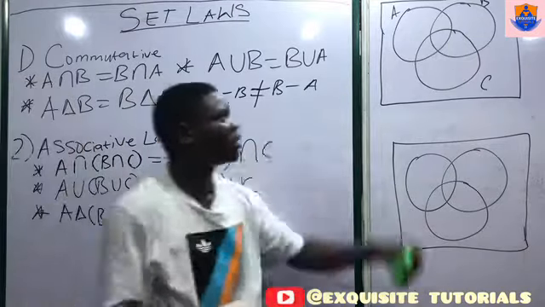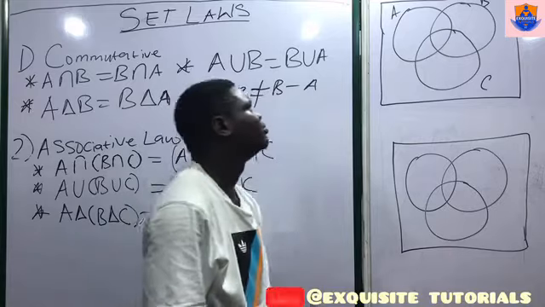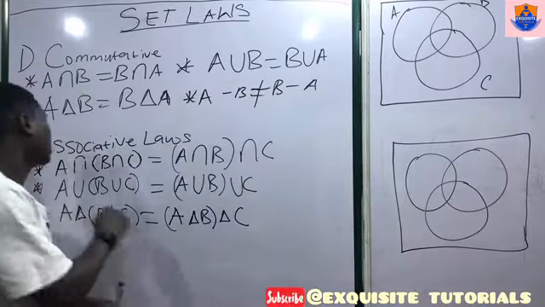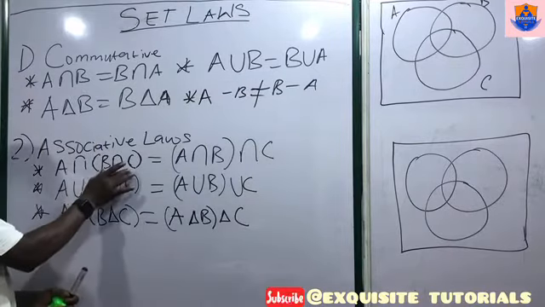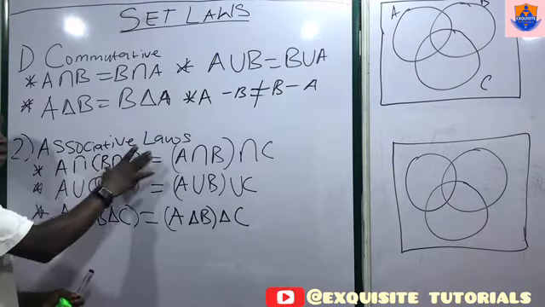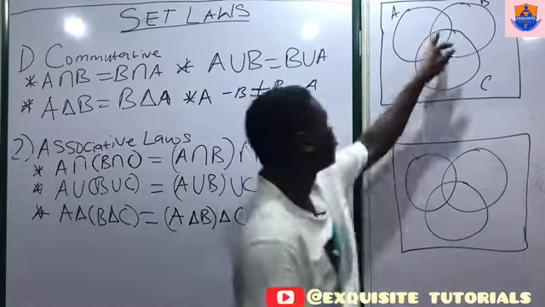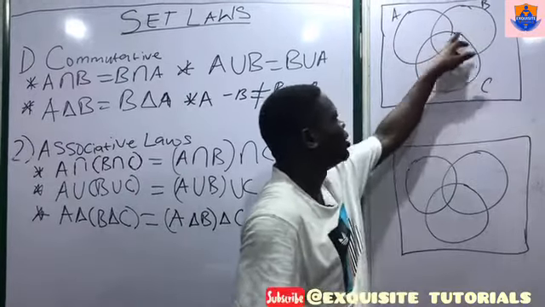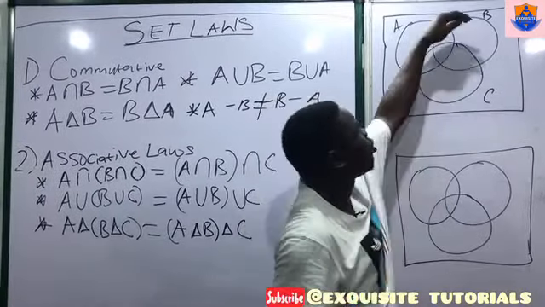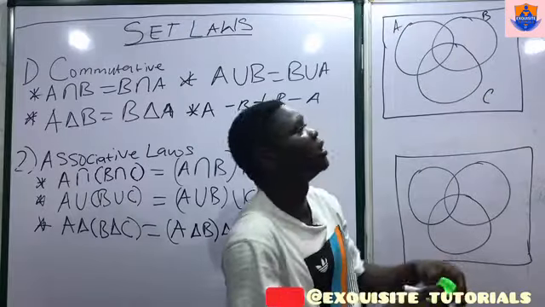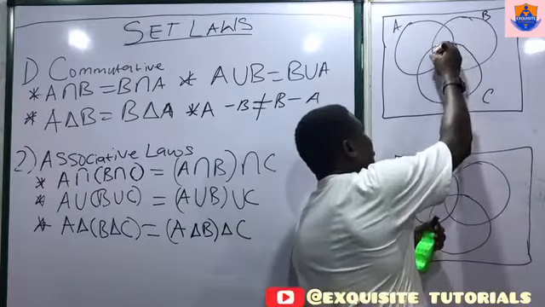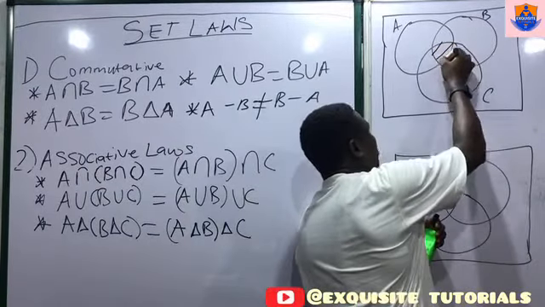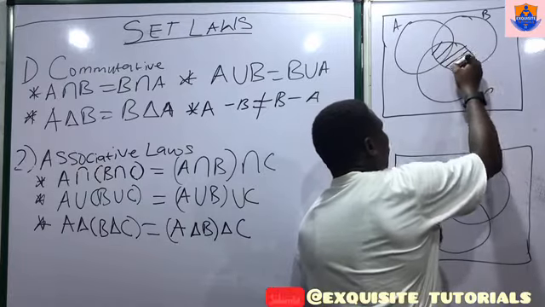So let's check for this particular one. Now we want to first of all do B intersect C before we do A intersect everything. Now this full circle here is your B, and this other circle here is your C. What will be B intersect C? It will be this point here, because we are picking the elements they have in common.